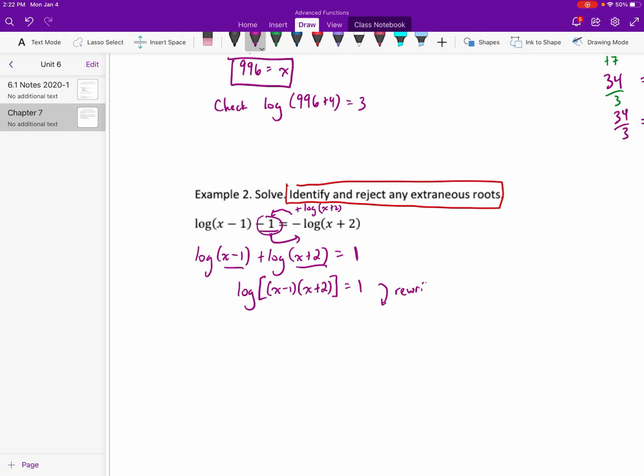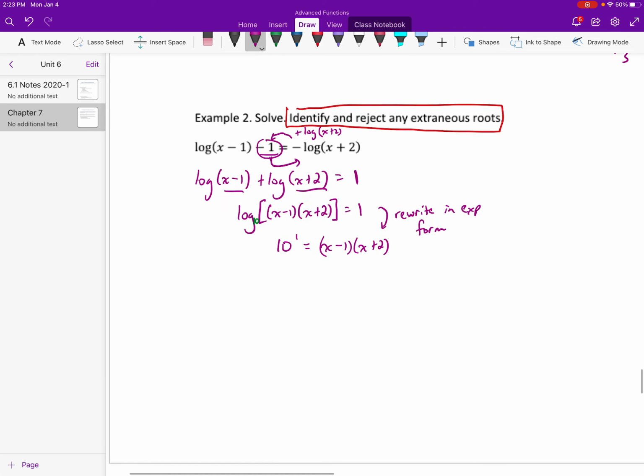Let's rewrite in exponential form now. So we have here, again, a common logarithm of 10. So 10 to the power of 1 is equal to x minus 1 times x plus 2. 10 to the power of 1 is just 10.